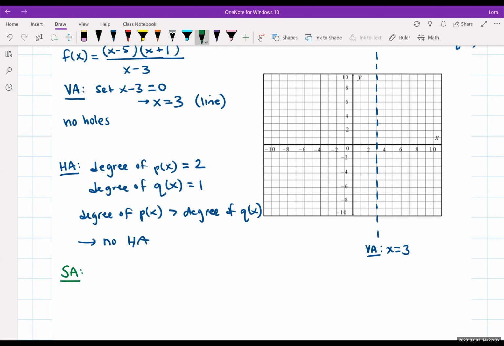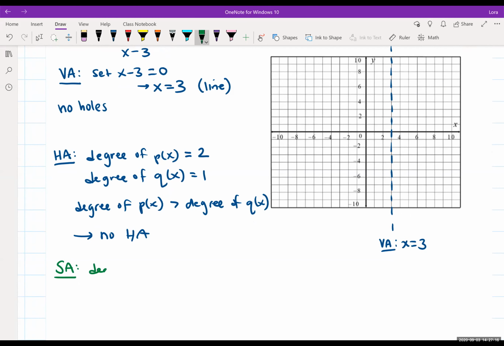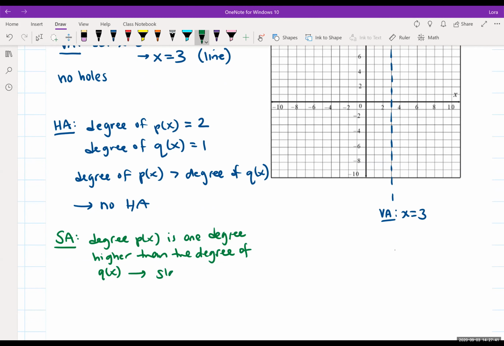The clue I got from looking for a horizontal asymptote is that the degree of p of x is 1 degree higher than the degree of q of x. And when that is the case, that means a slant asymptote exists.